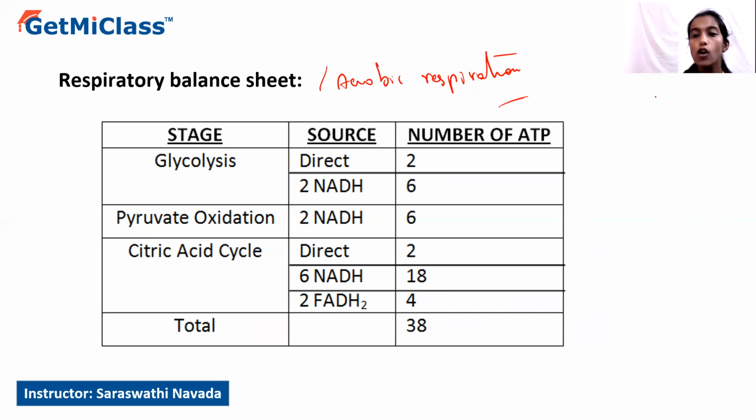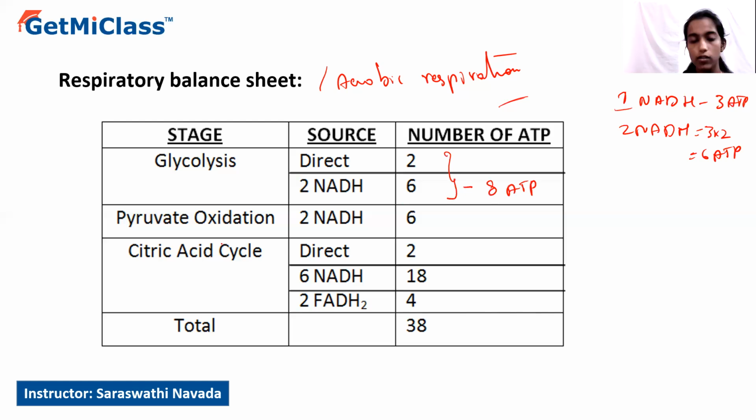One NADH molecule produces 3 ATP, and for 2 NADH molecules it will be 3 into 2, that is totally 6 ATP molecules. Hence, the total number of ATP produced in glycolysis will be 8 molecules.